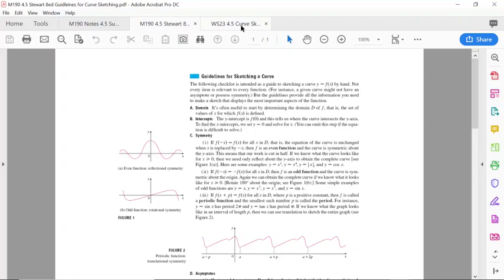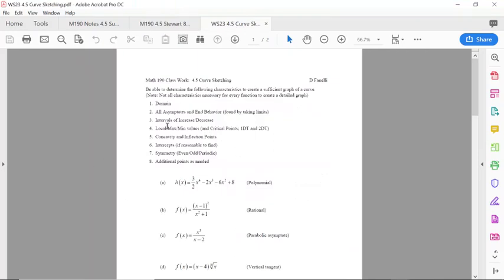I've also included a worksheet, okay, with several of the things you might want to look for in order to be able to create comprehensive graphs of these functions, to be able to answer questions about what is the domain of the function, where are the intervals of increasing and decreasing, as we have done previously, create a reasonable sketch of the function, maybe labeling all the maxima and minima, whether local or absolute, as well as all inflection points.